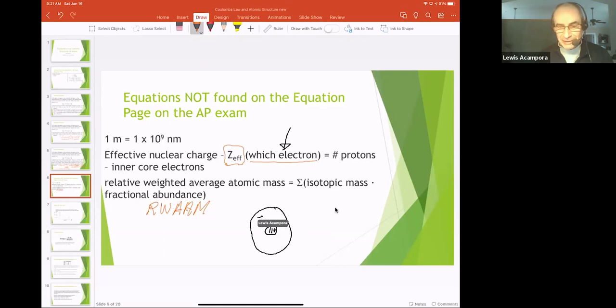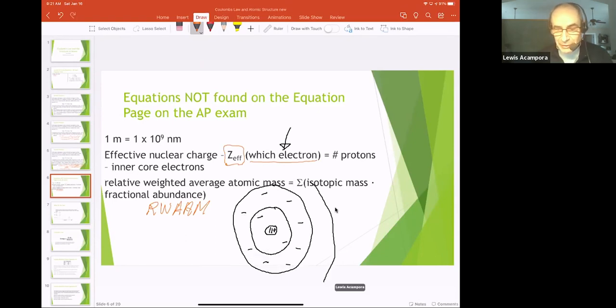So we've got 2 electrons in that first shell, and then 8 electrons, and one electron out here in the third shell.